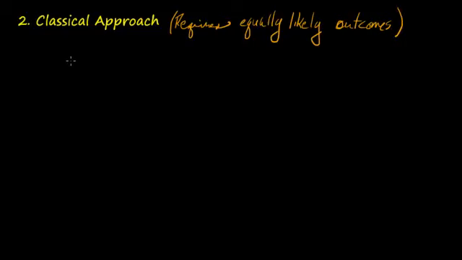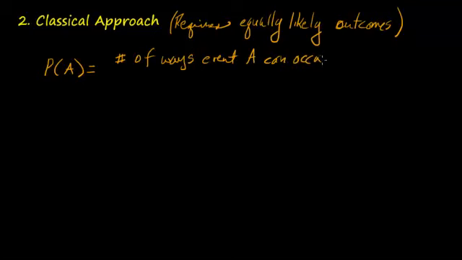So our calculation here for event A is: the probability of event A is equal to the number of ways event A can occur, all over the number of different simple events.